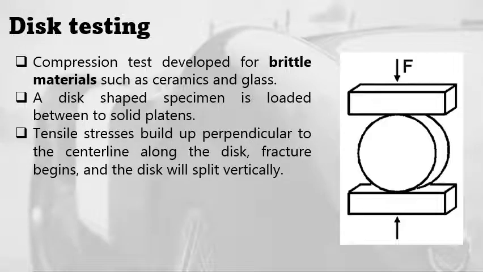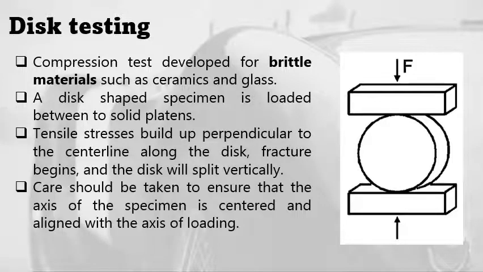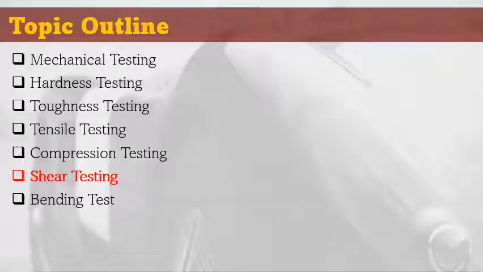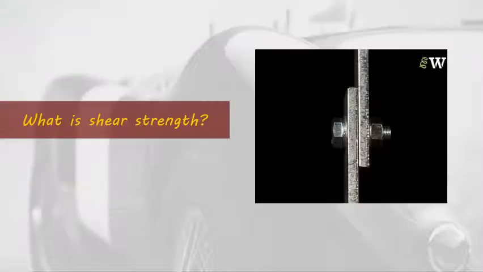Tensile stresses build up perpendicular to the center line along the disc. Fracture begins and the disc will split vertically. Care should be taken to ensure that the axis of the specimen is centered and aligned with the axis of loading. Now that we understand what compression testing is, let's move forward to shear testing.